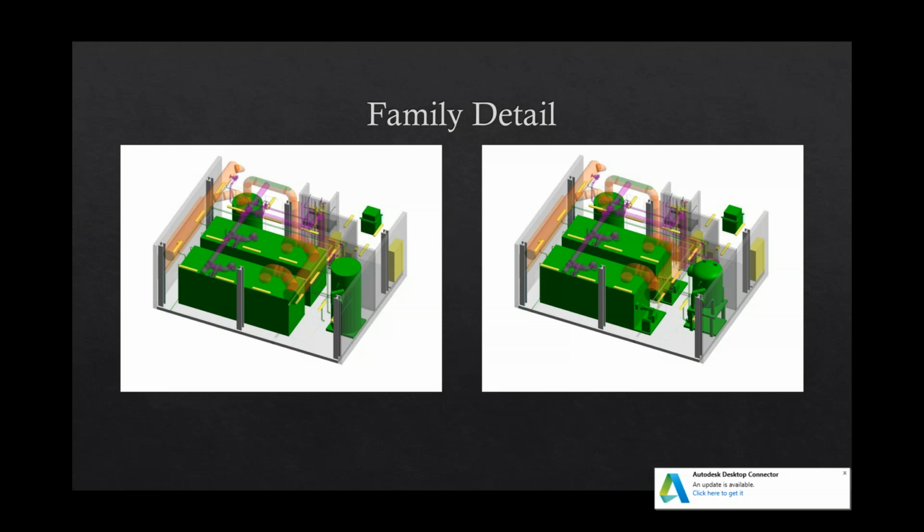So I used the cut sheets to make the true, perfectly dimensioned boiler and tank. It comes down to what you need, because if you're only using it from a plan perspective, your family might need a lower level of detail anyway, and you're the one who's going to have to make that family, so you can use judgment there.